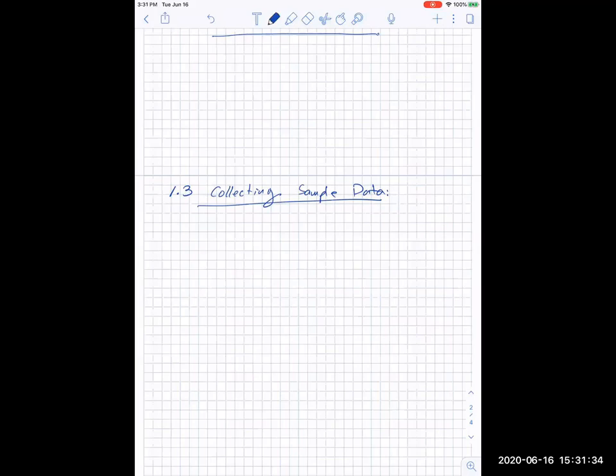Okay. So collecting sample data, that's our concern right now. We want to discuss first, number one, we have two types of statistical studies.